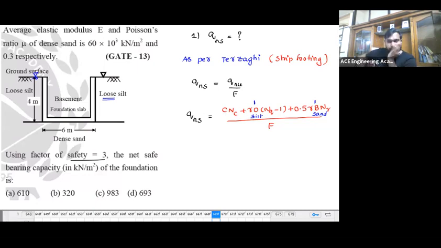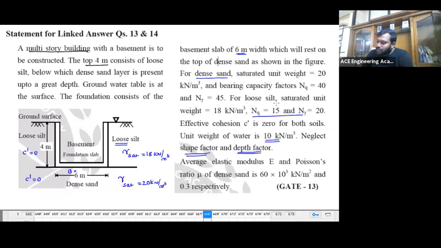Now if you observe, the main point over here is that for loose silt I have given NQ and N gamma, and for dense sand also I have given NQ and N gamma.